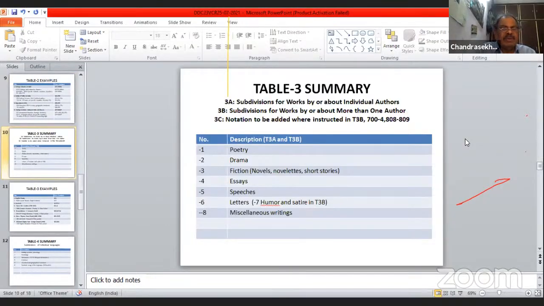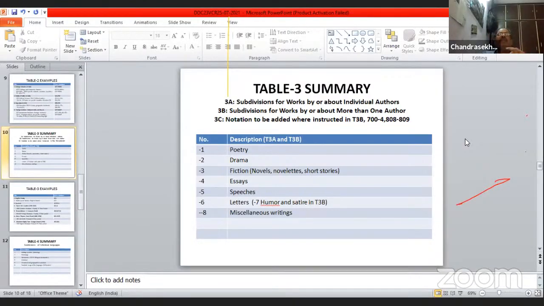So 1 is poetry, 2 is drama, 3 is fiction, 4 is essays, 5 is speeches, 6 is letters, 7 is humor and satire. So 8 is miscellaneous writing. Mainly we see poetry and drama and fiction. Generally, these are the commonly occurring divisions there.